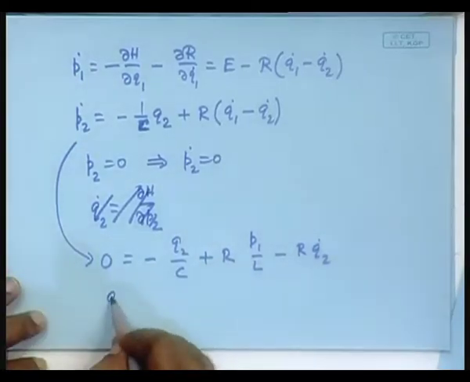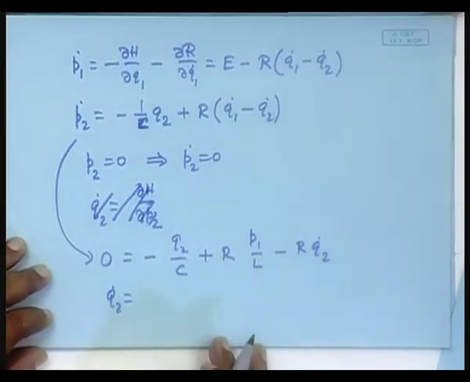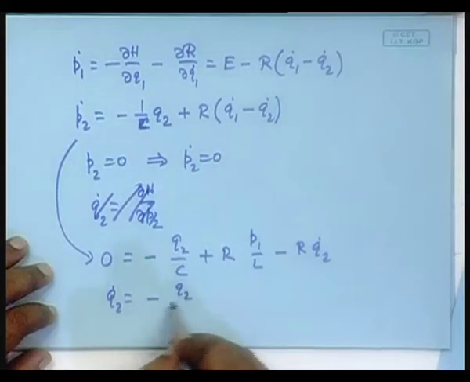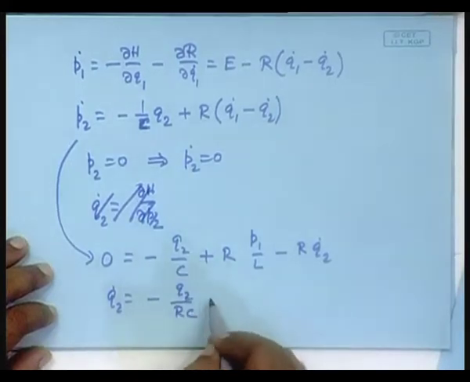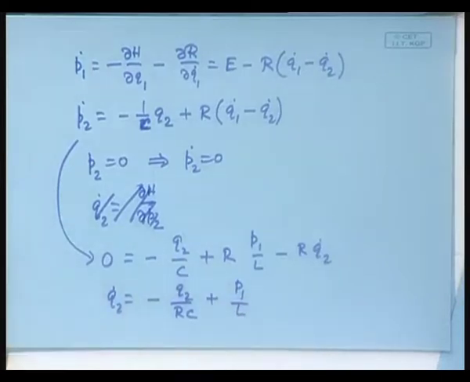So, you have Q2 dot, you can now extract it, as minus Q2 by RC plus P1 by L. So, this is how. Ultimately, what are the differential equations you have? Tell me.